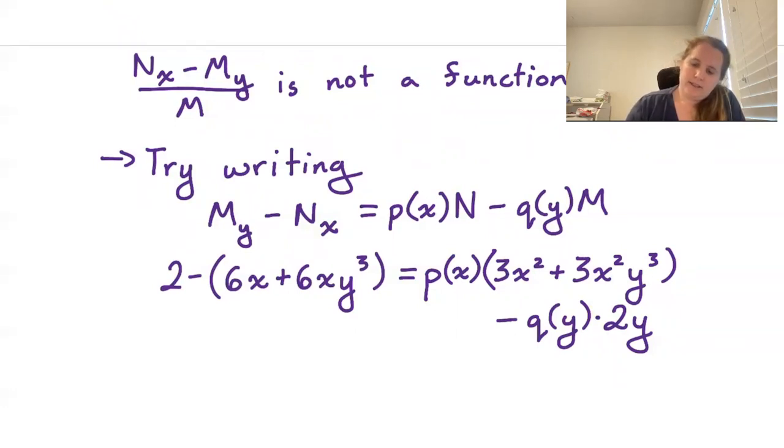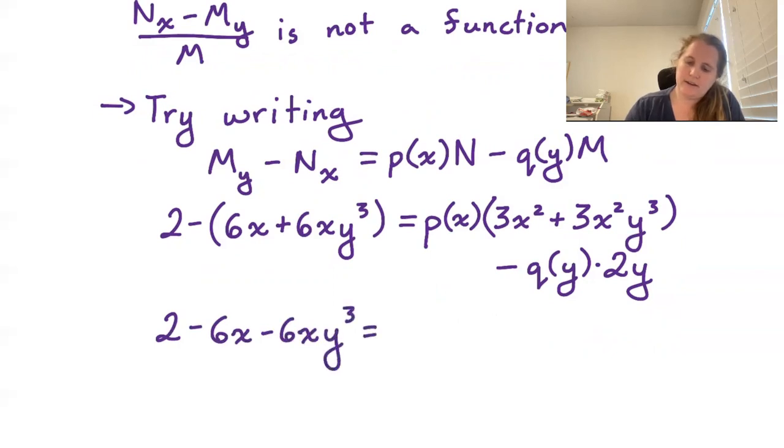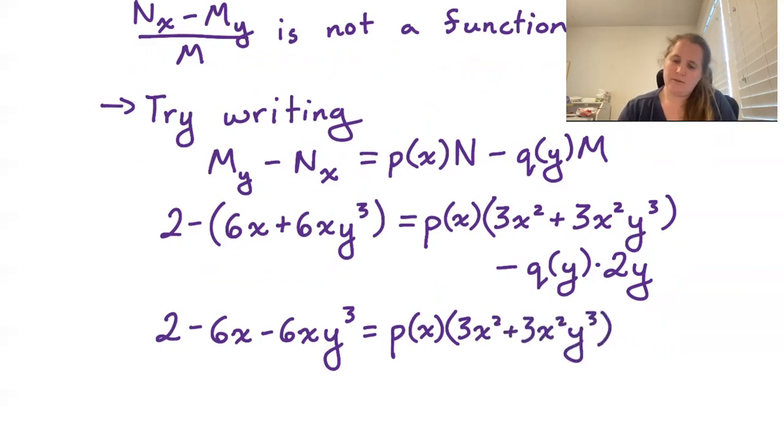So our left-hand side, we have 2 minus 6x minus 6xy cubed. The right-hand side, again, I'm just going to write p of x times our 3x squared plus 3x squared y cubed, and then we have minus q of y times 2y.